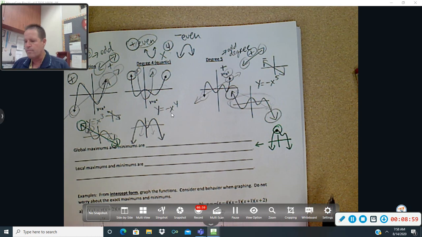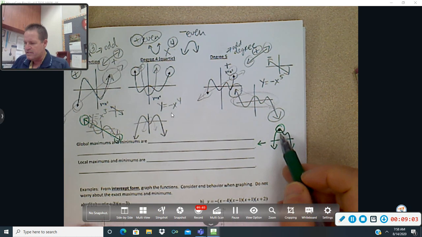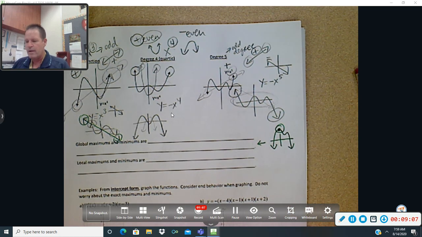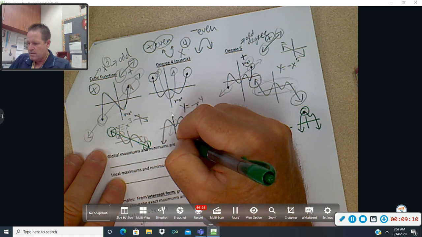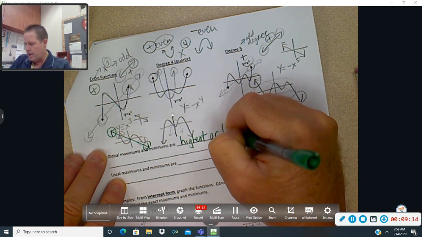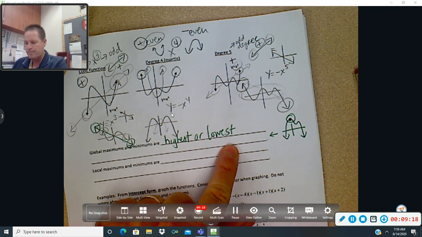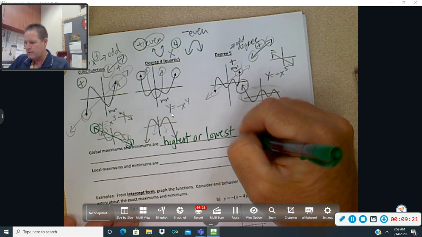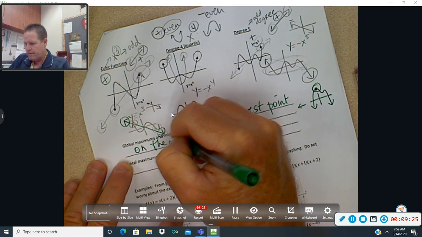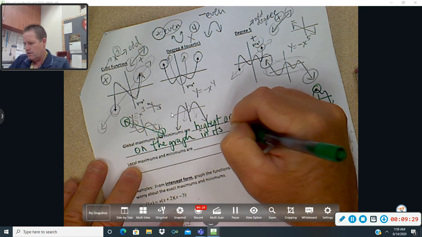There is no other point in the whole world, think global, in the whole world, this is the highest point for that graph. In this whole graph, that's the highest point. That's what we're looking at. So it's the highest or lowest, and that's where I come up with maximum or minimum. The highest or lowest point on the graph in its entirety.